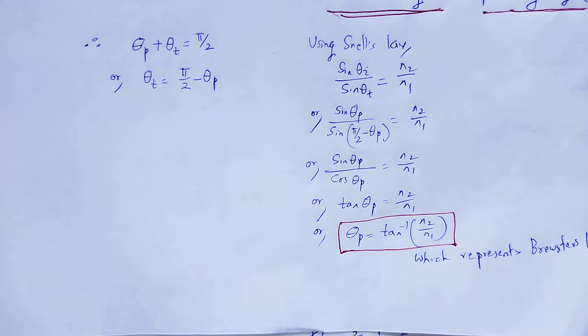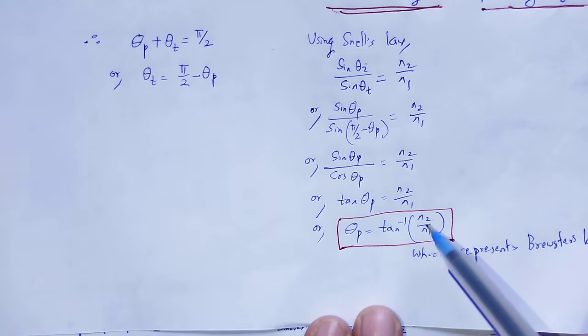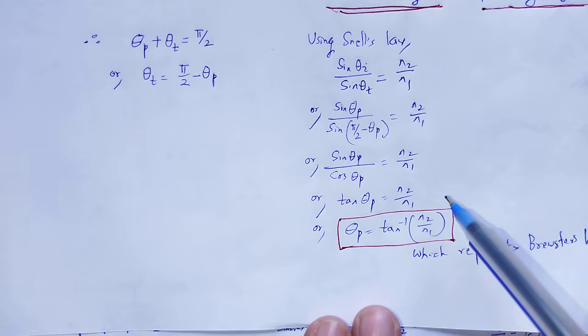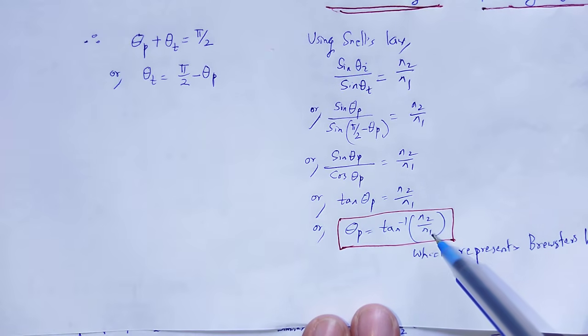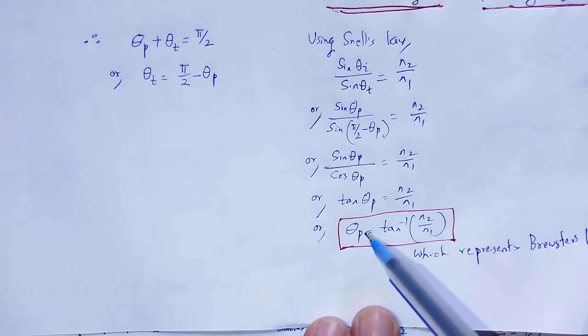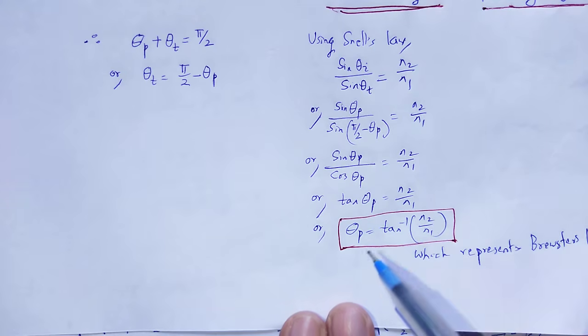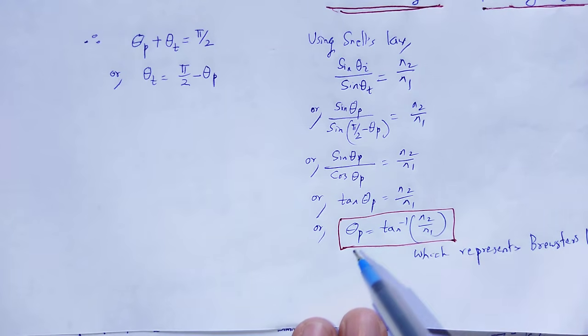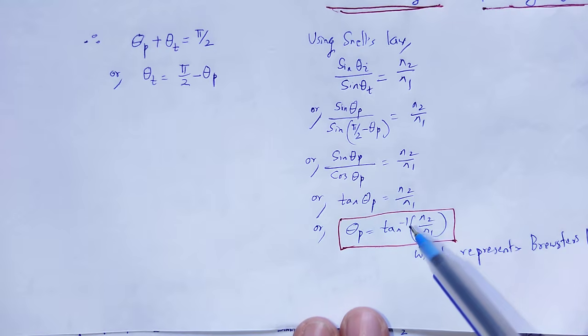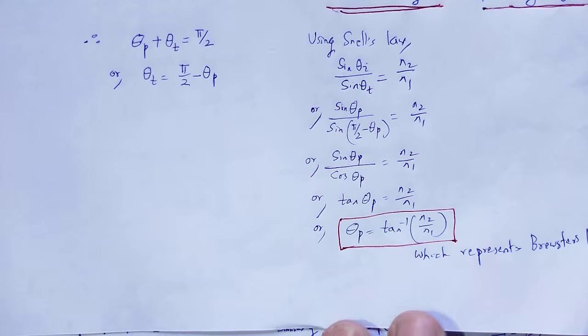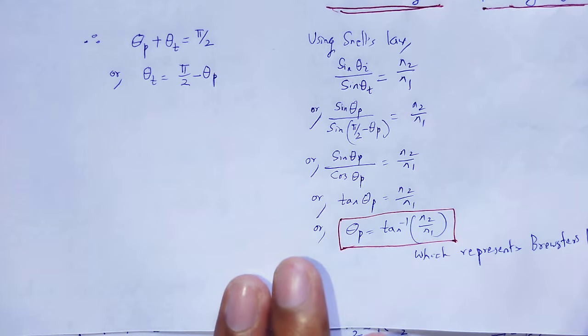To take the polarized electromagnetic wave from the unpolarized electromagnetic wave under the condition of reflection, it is tan inverse of the refractive index of one medium to the refractive index of the other medium. Then what is the angle? That is nothing but the polarizing angle. If we incident the electromagnetic wave at this polarizing angle, then we obtain polarized electromagnetic waves from the unpolarized electromagnetic wave.